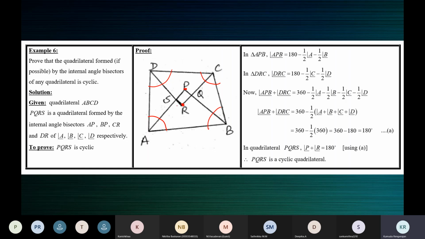Angle A, angle B, angle C, and angle D are the internal angles. So we have bisected the internal angles. When we bisect the internal angles, the bisectors form a quadrilateral in the middle. We need to prove that this quadrilateral is cyclic.